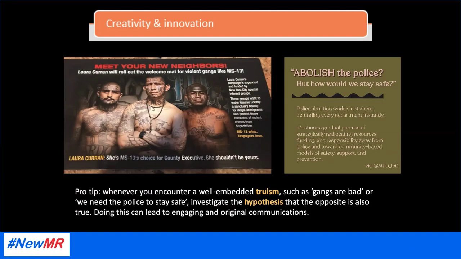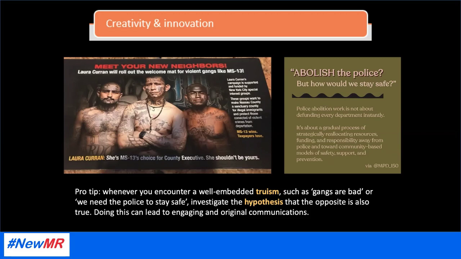So gangs themselves have become part of the semiotic landscape. They're part of this currency of advertising. So there's a truism here, which is gangs are bad. Another truism, which is relevant to the current civil unrest, is this idea that we need the police to stay safe.